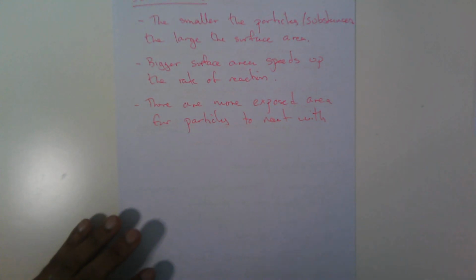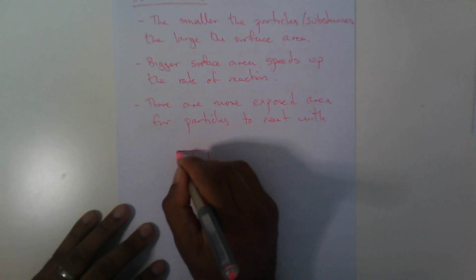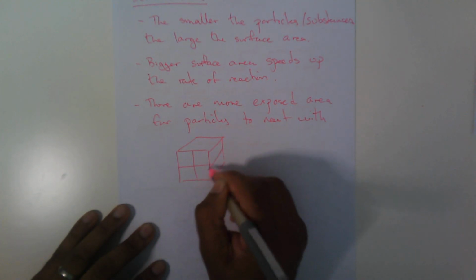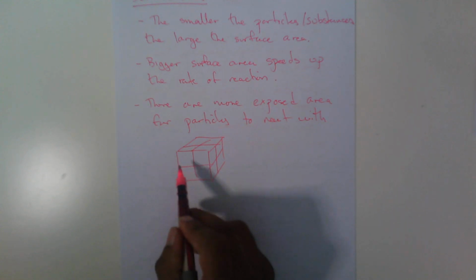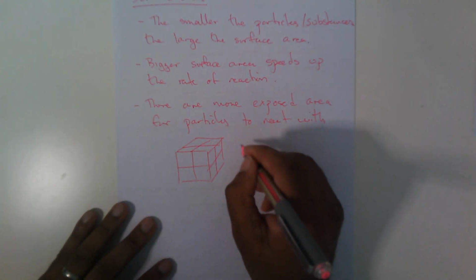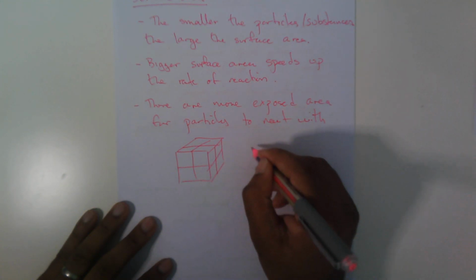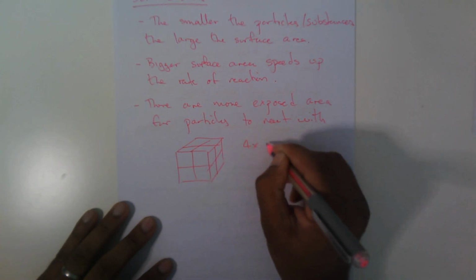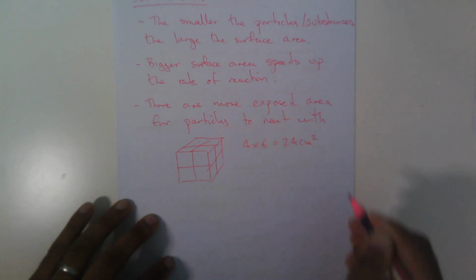You can even do it through calculation. If you think about a cube, say you've got a 2 by 2 by 2 cube, that will have a surface area. So if it's 2 by 2 by 2, each face is 4, and there are 6 sides to a cube, so 4 times 6, 24 centimeters squared.